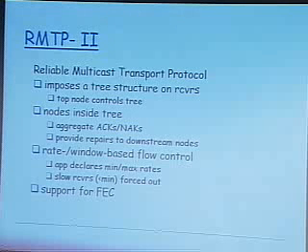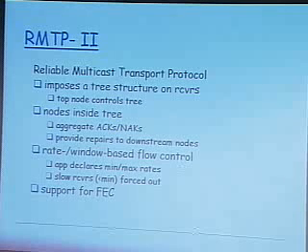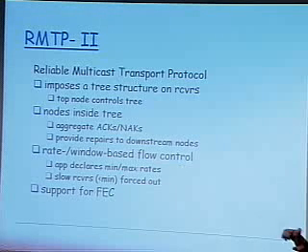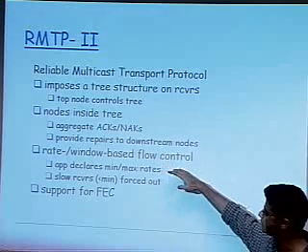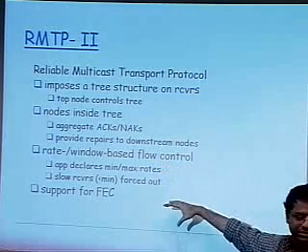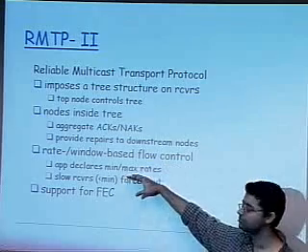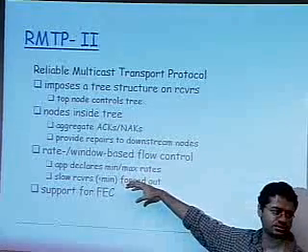a flow control mechanism. Up until now, we have never talked about the rate at which this data is transmitted on the multicast group. Now, often you have receivers which are very slow. So in RMTP, what you do is the application will declare the minimum and maximum rates.